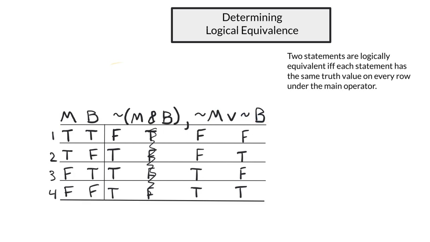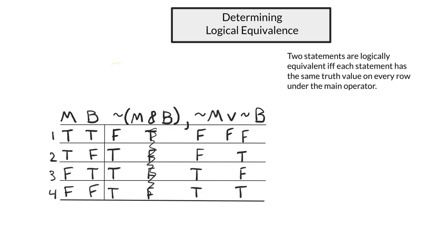So now we simply apply the rules for how to determine the truth value for a disjunction. A disjunction is true in all cases except for when both disjuncts are false, and that occurs in row 1. So row 1 is going to give us a false right underneath that wedge, which is the symbol for the disjunction.